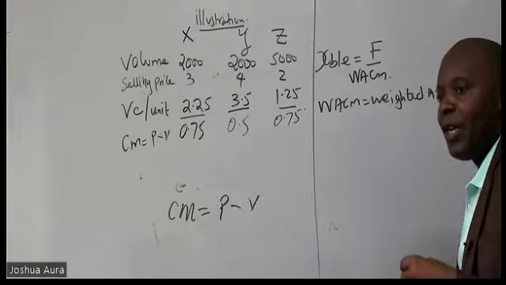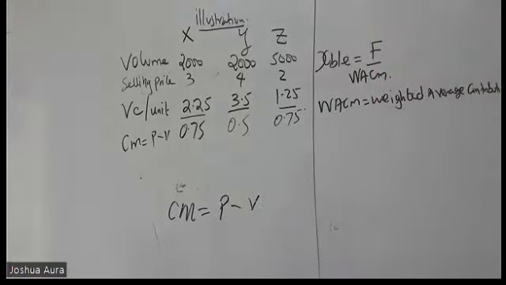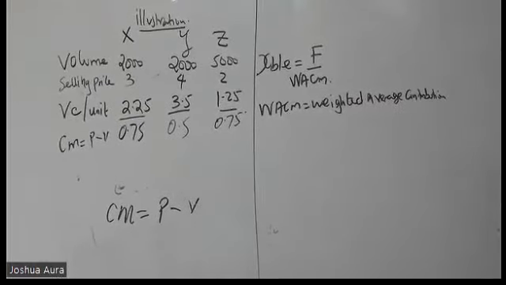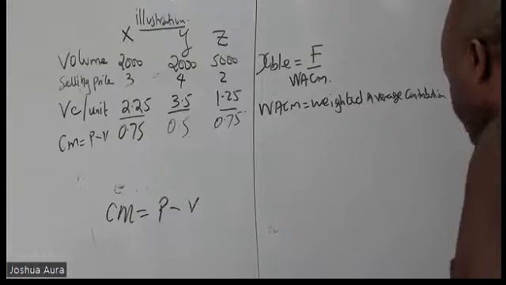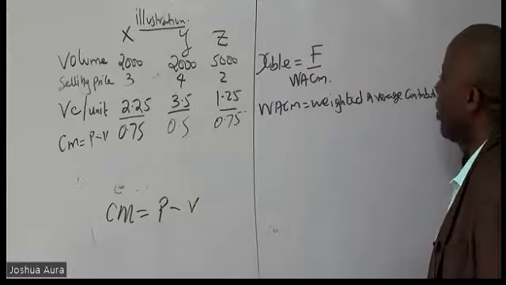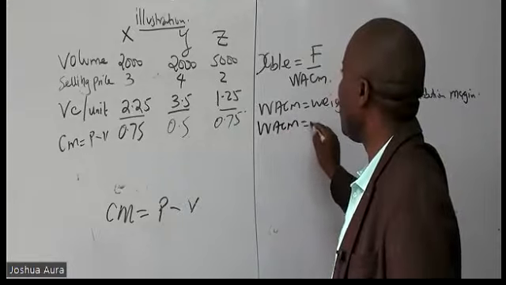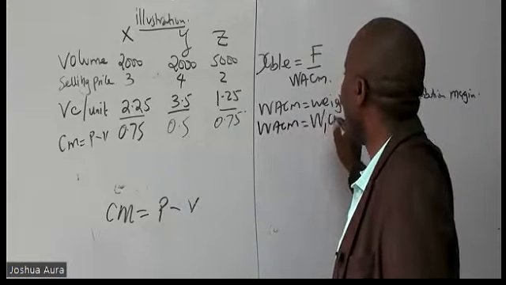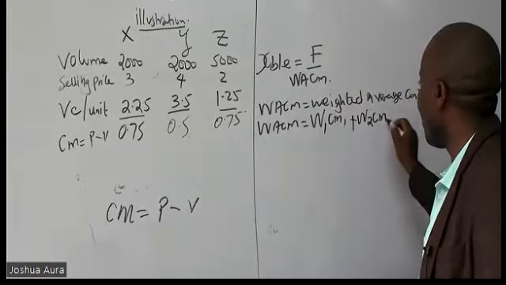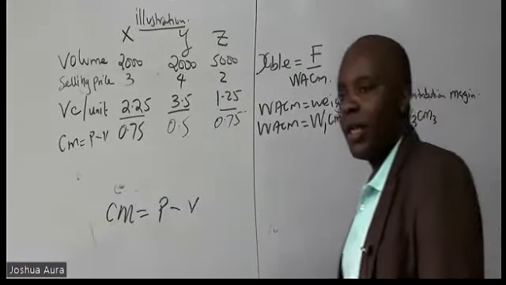So if you can remember, in this particular case, for us to get this working, what I need to do is take the weight of the first product times contribution margin 1, plus the weight of the second product times contribution margin 2, plus the weight of the third product times contribution margin 3, right?